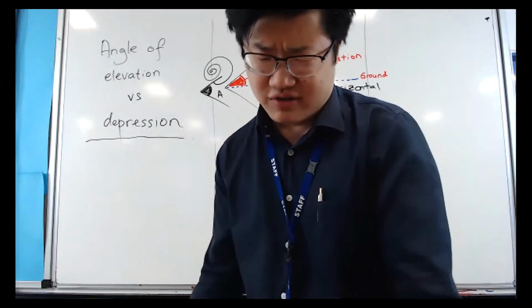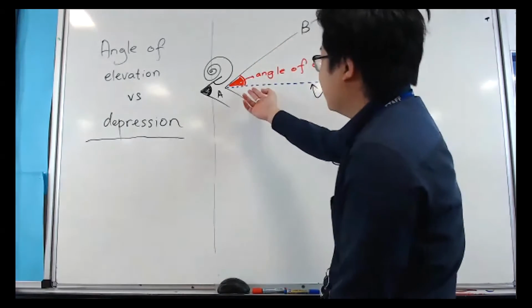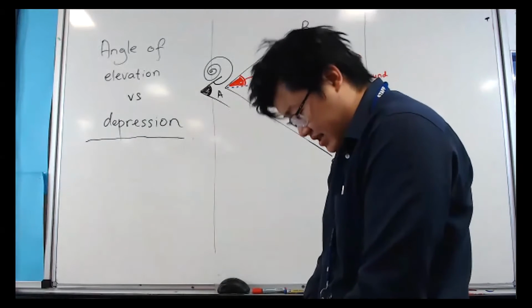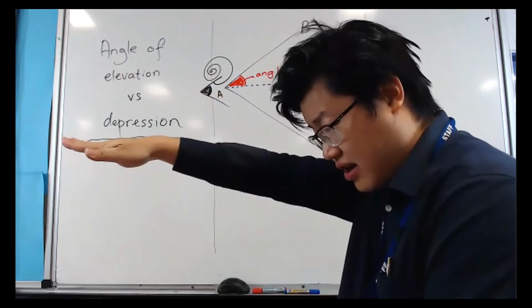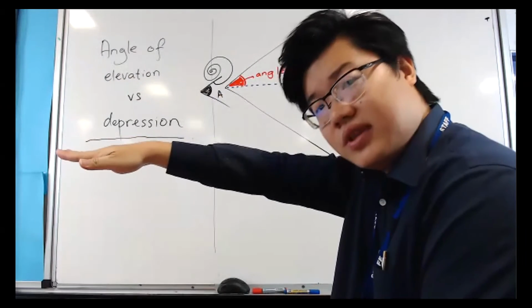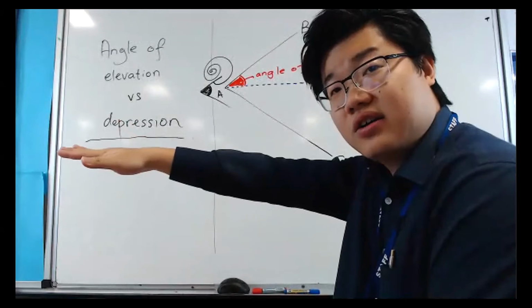Oh, I'm so depressed, so sad. That means when you look down from the horizontal, let's say the horizontal is right there, and you look down, that's the angle of depression.